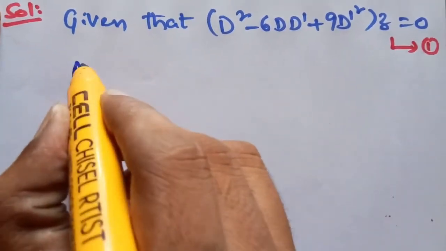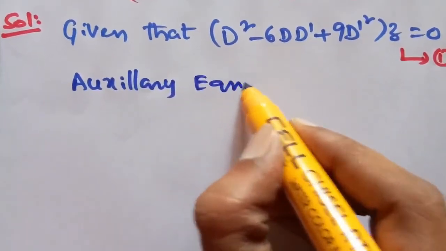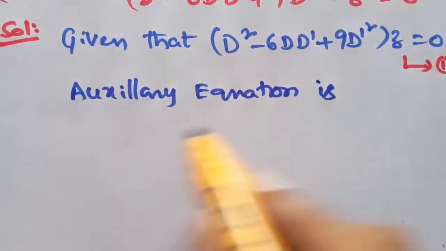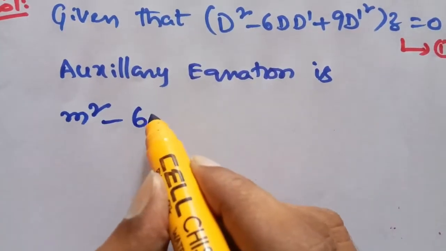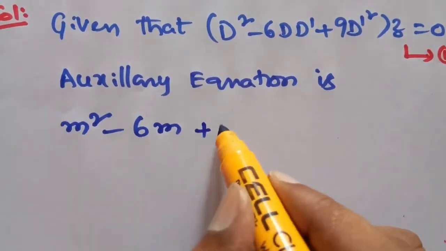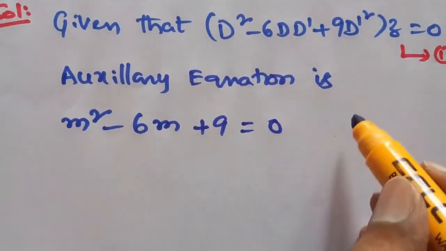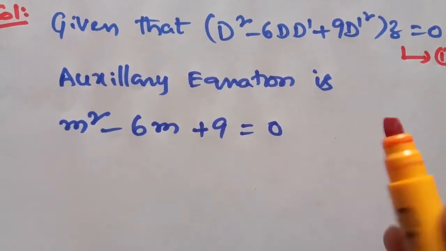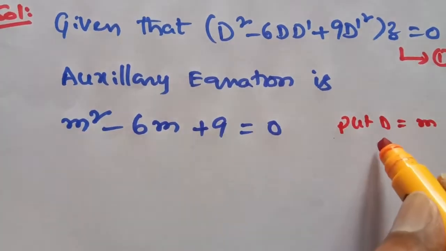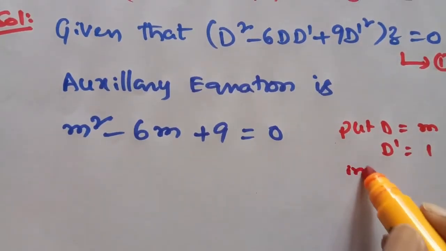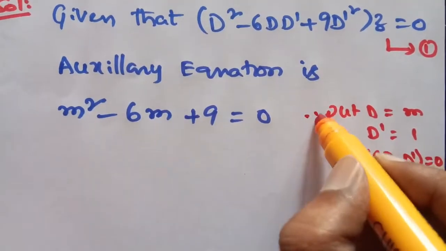Now write down the auxiliary equation. Auxiliary equation is m square minus 6 into m into 1 plus 9 into 1 equal to 0. Here we are substituting D is equal to m, D dash is equal to 1 in phi of D comma D dash is equal to 0.